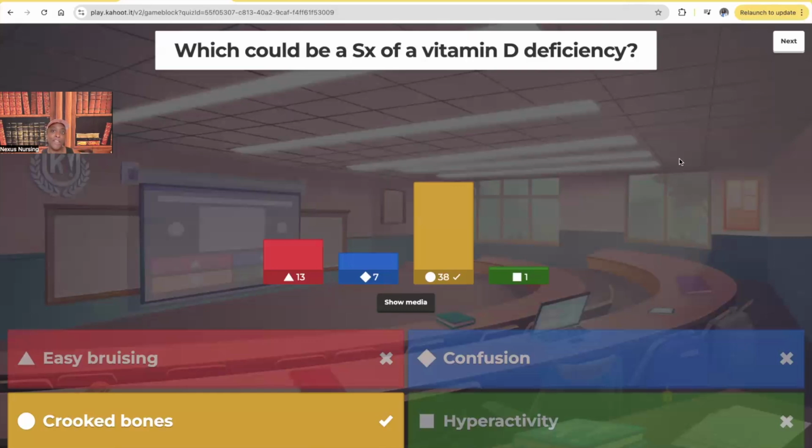But anyway, when it comes to vitamin D deficiency, you should be thinking of things like crooked bones or maybe even porous bones or osteoporosis or patient being at risk for fractures. Decreased vitamin D, decreased absorption of calcium. Calcium is important to the bones. By the way, you also need to know an important source of vitamin D, which is what? Sunlight.